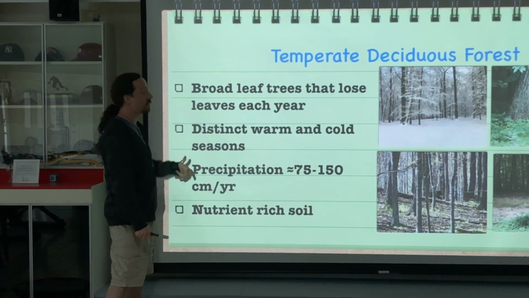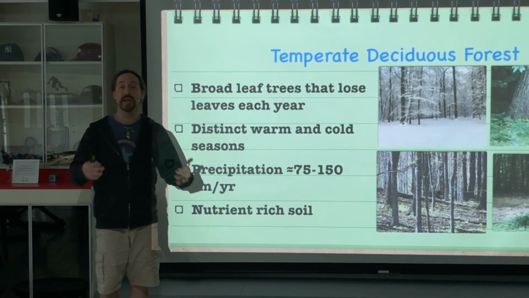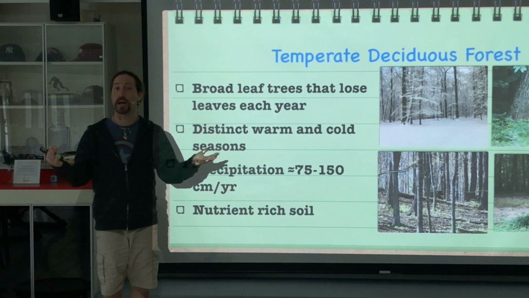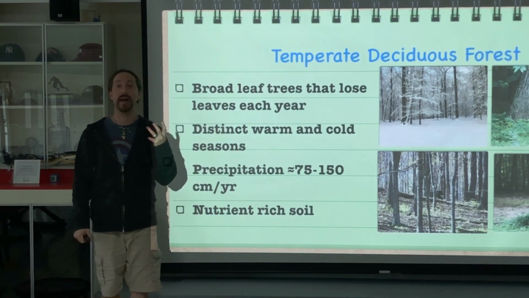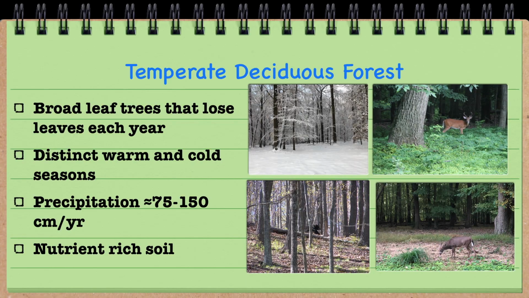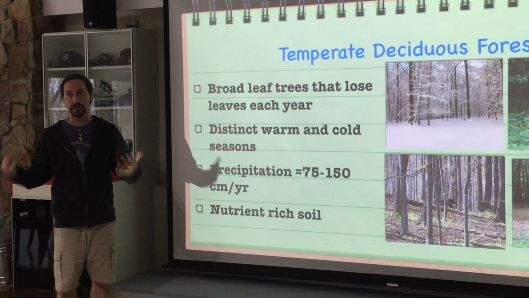They are broadleafed. These are typically harder woods. They don't bend as well as the conifers do, which is one reason why they have to drop their leaves, because if they kept their leaves when it snowed, then the snow could weigh down their limbs and snap those limbs off, thus damaging the tree, which would be very bad for it, obviously. So that's why they have to lose their leaves.